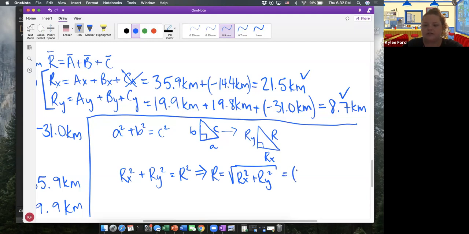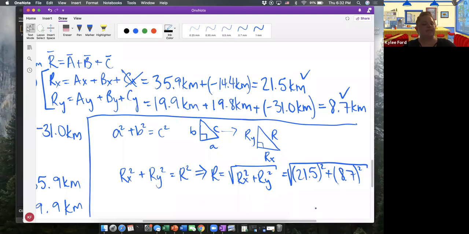Okay, and then plug our numbers in there. So we're going to have 21.5 squared plus 8.7 squared, and all of that inside of a square root. Okay, so we'll take our calculator, and hopefully you can find your square root sign. Sometimes it can be a little bit tricky, but get your square root up, then put in your numbers.